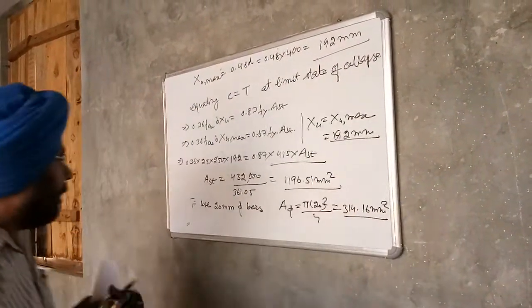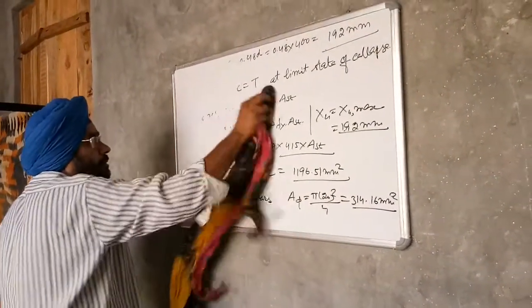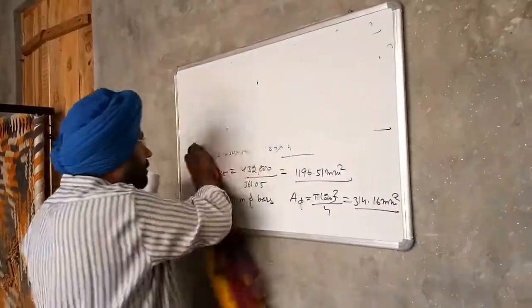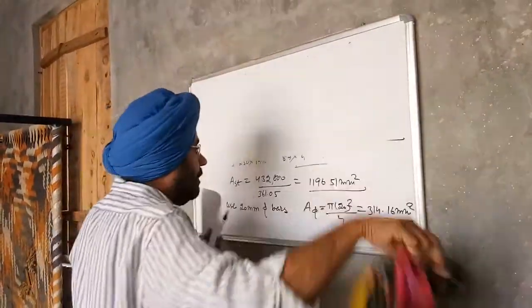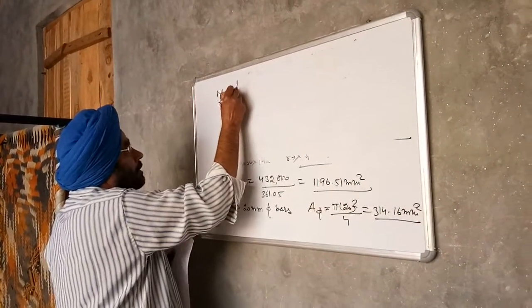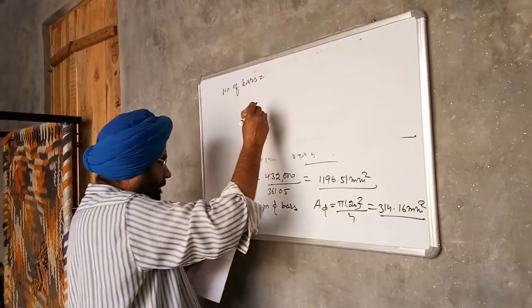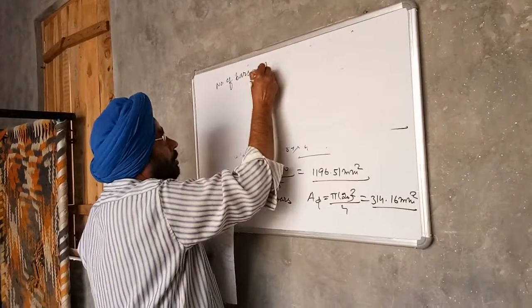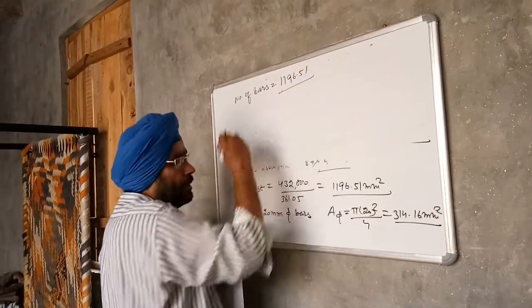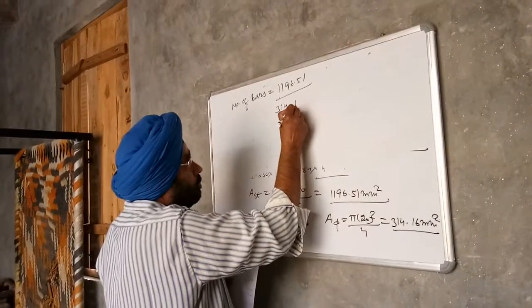So then the number of bars is equal to total area of the steel, 1196.51, upon area of the one bar, 314.16.